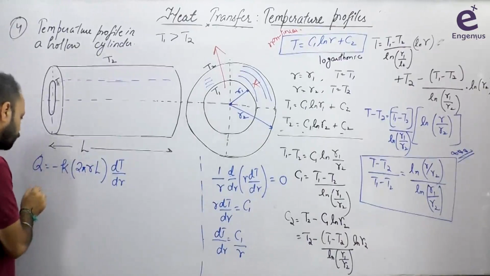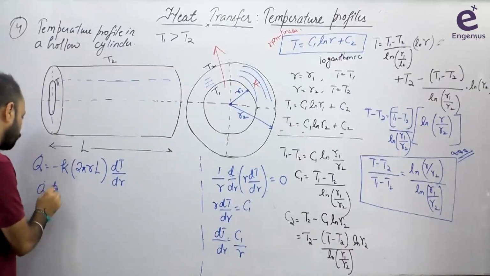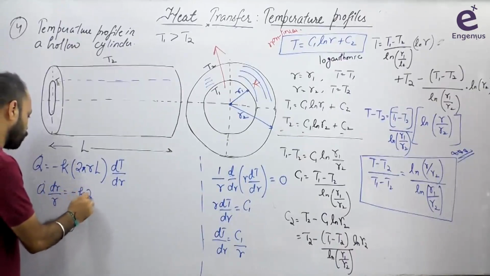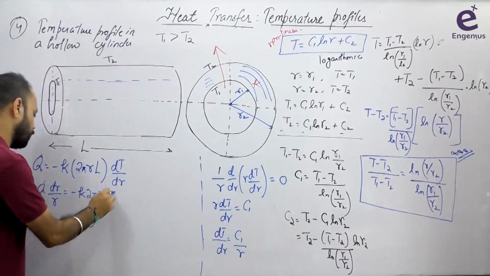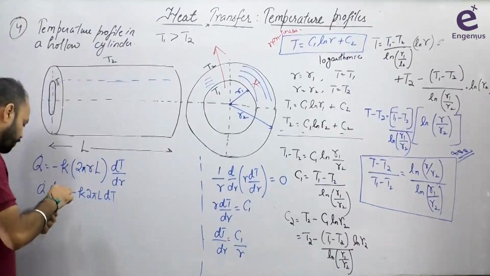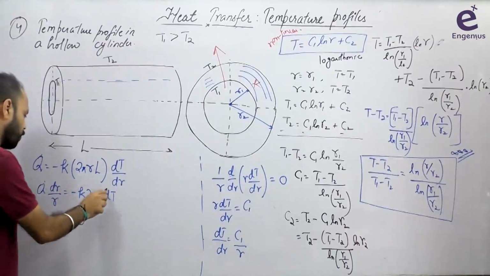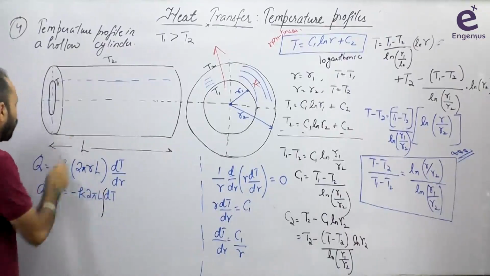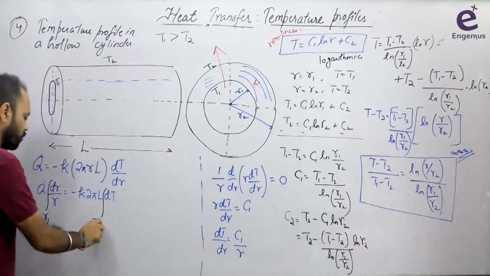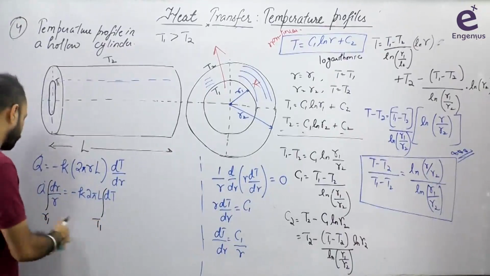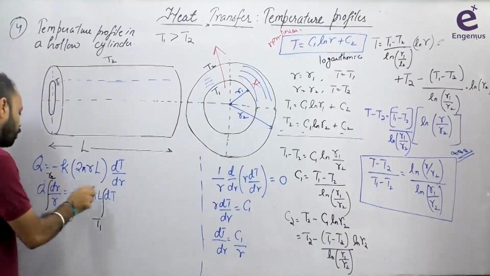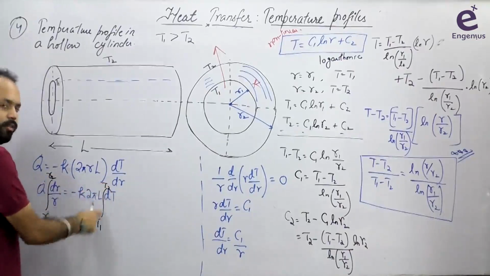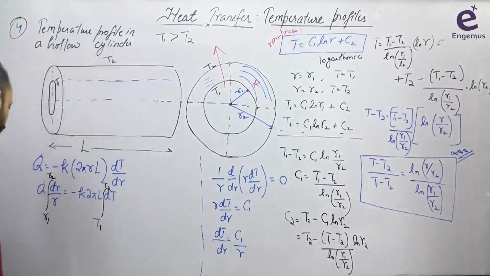So I'll write this equation as Q into dr by R is equal to minus K 2 pi L dt, correct. You put in the limits. Limits will be from, let's see, when R is R1, temperature is T1, when T1 is more, right? When R is R2, temperature is T2. Of course, this negative sign will take care of this lesser value of the upper limit.